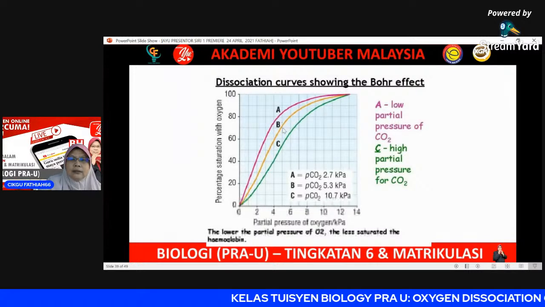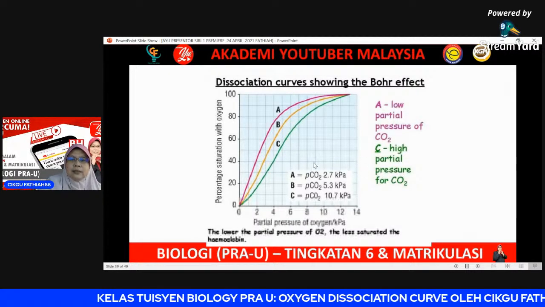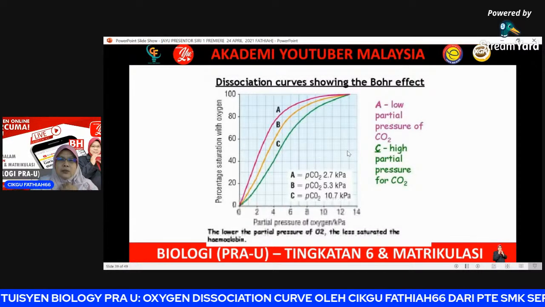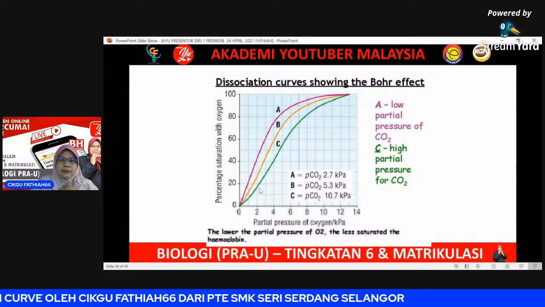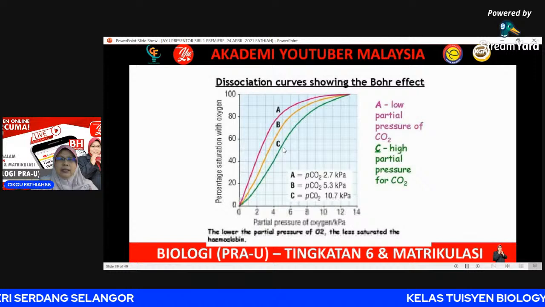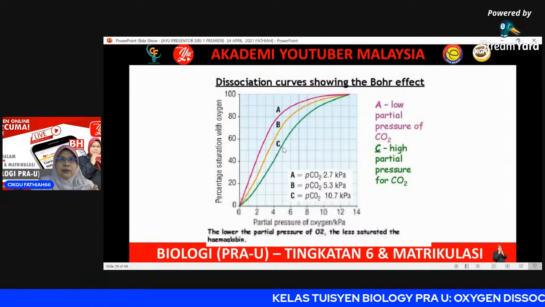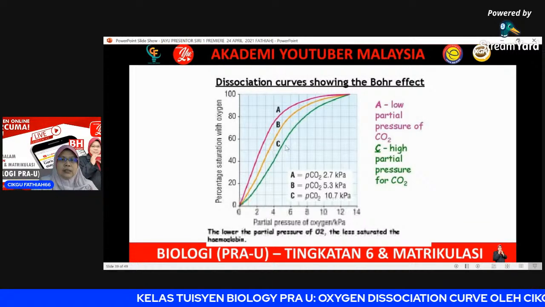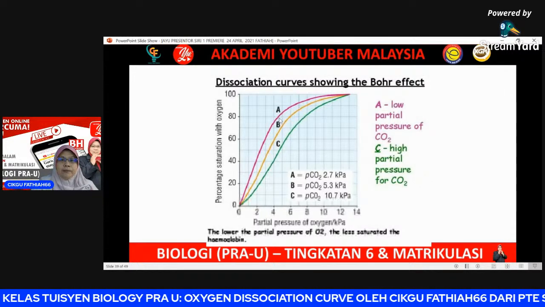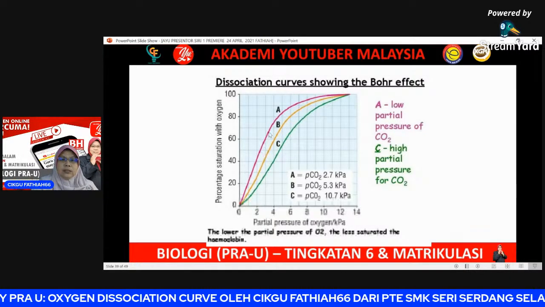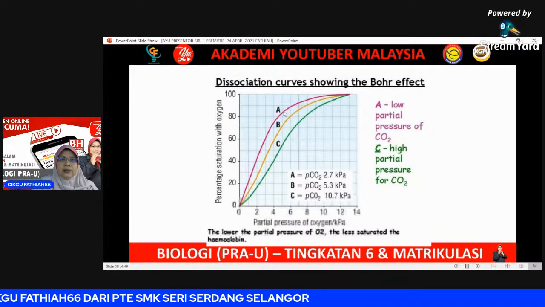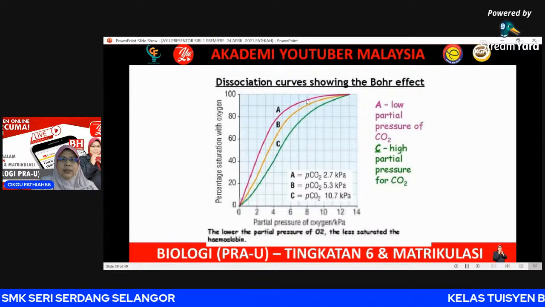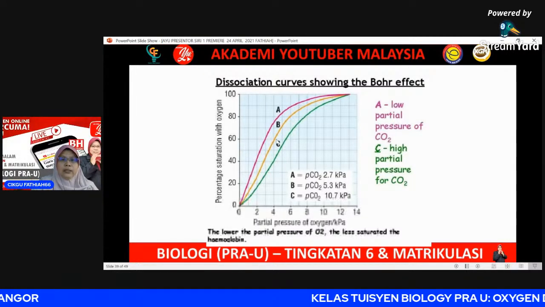C has a high partial pressure of carbon dioxide, so the oxygen dissociation curve shifts to the right, meaning the affinity of hemoglobin toward oxygen is low compared to A. For A, the curve lies to the left, meaning it has a higher affinity toward oxygen. Unloading is high here compared to the loading.